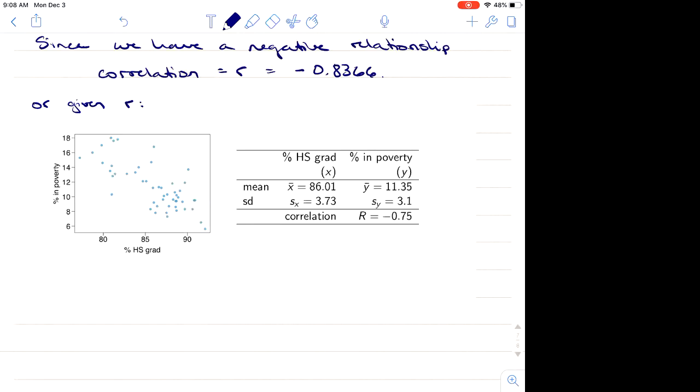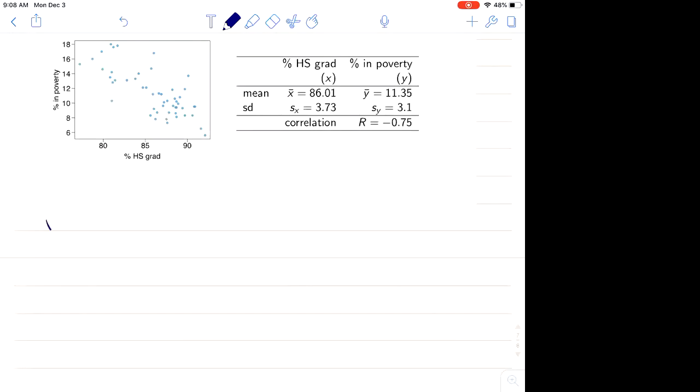So if we have these five things, regardless of how we got the correlation, whether it's given to us or we have to calculate it, now we can find the intercept. Or sorry, we start with the slope. Don't worry, I make you do it in order in the questions.